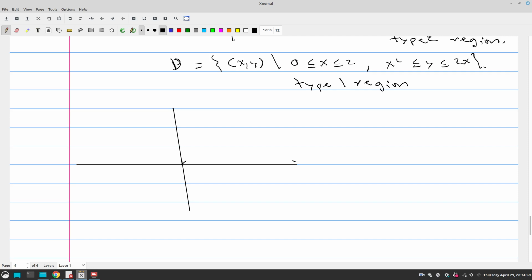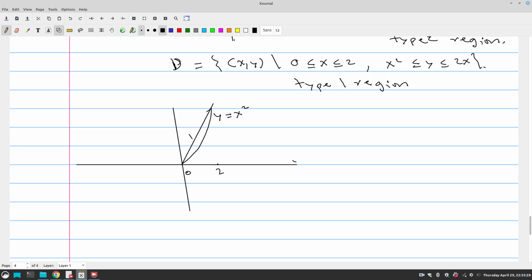So x goes from 0 to 2 and y, the lower limit of y is the curve x squared. The upper limit is the line twice x. Right, so this is 2 and this is 0, and we're integrating in the region between the line and the curve, right?